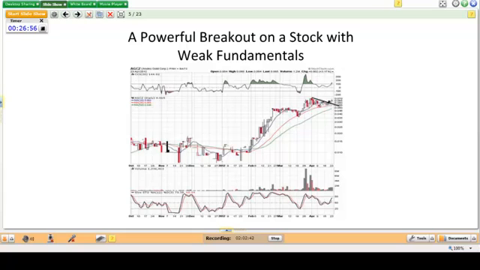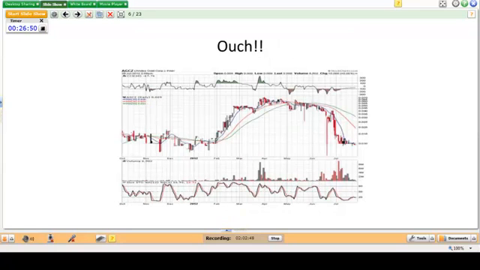and unfortunately, it didn't have the rising estimates. It didn't have the strong track record of growth, and it was much more speculative in nature. And we can see that after it broke out of this strong chart pattern, it actually broke down, broke through one support level, and then later crashed through a second support level.